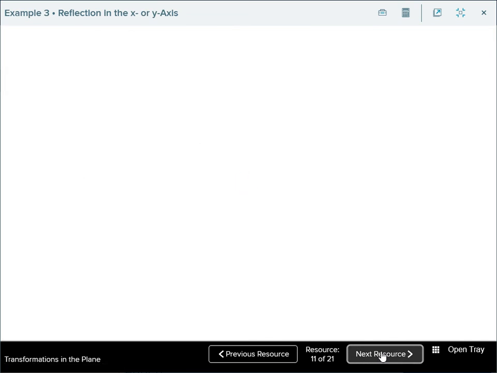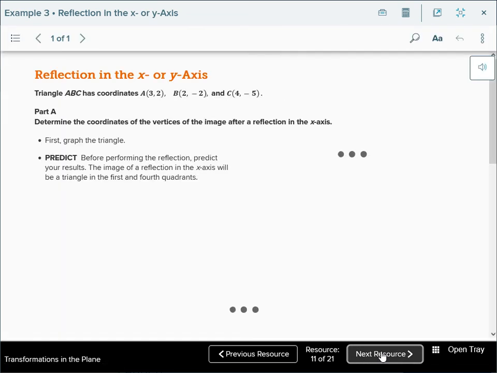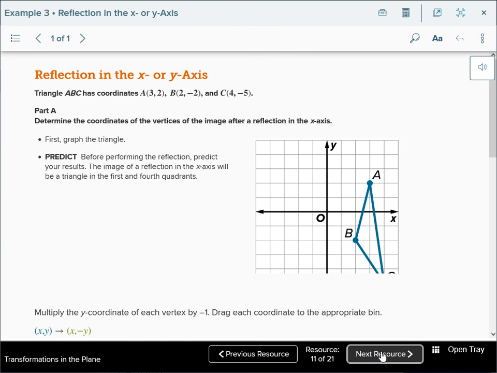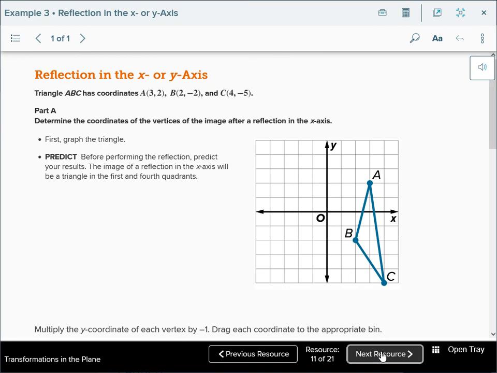Go to the next one. It says triangle ABC has coordinates 3, 2. B is 2, -2. This is on the next page of your notes.